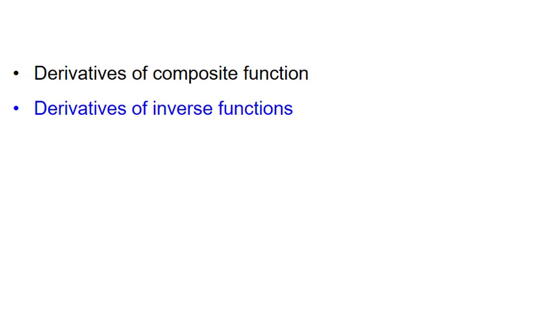Second, we find derivatives of inverse functions, that is, instead of finding dy upon dx, we find dx upon dy. Now we first understand what an inverse function is: when the inverse of a function exists, that is, if a function y is given in terms of x, and if its inverse exists, that means we can express x in terms of y, then how can we find dx upon dy?